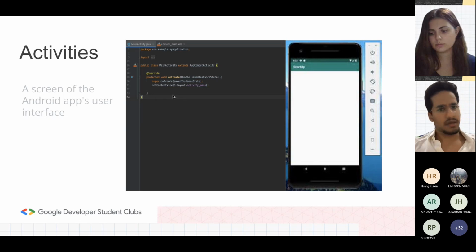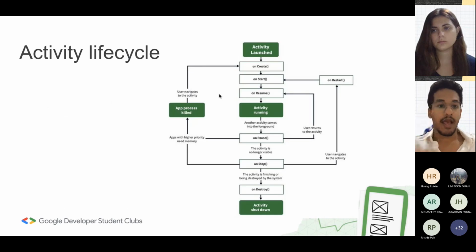Now you would say, okay, so I'm inheriting from the AppCompatActivity class just to get a simple blank activity where there is nothing going on. Actually, there is a lot going on, and this is the activity life cycle. This is what goes on inside of an activity. Once you inherit from the AppCompatActivity class, you're basically getting all of these methods inside the activity.